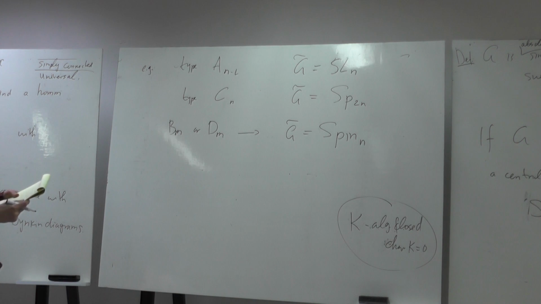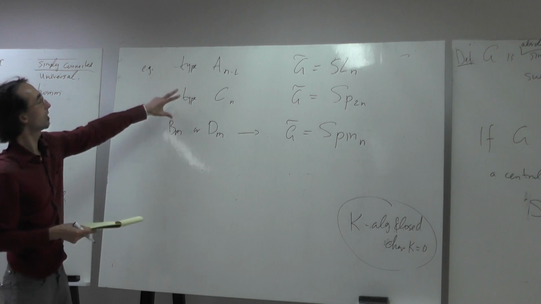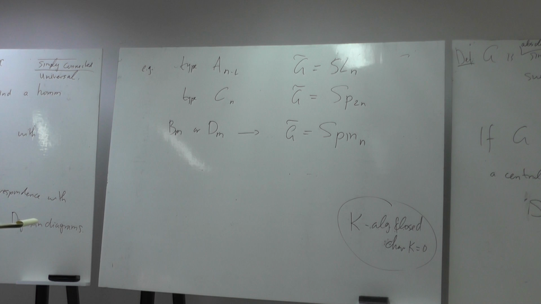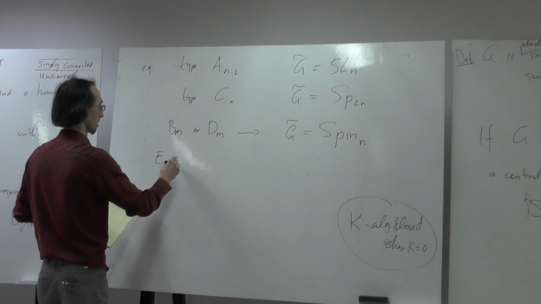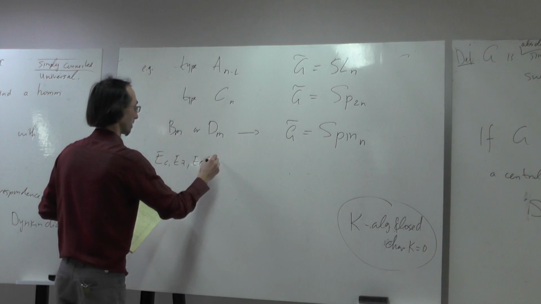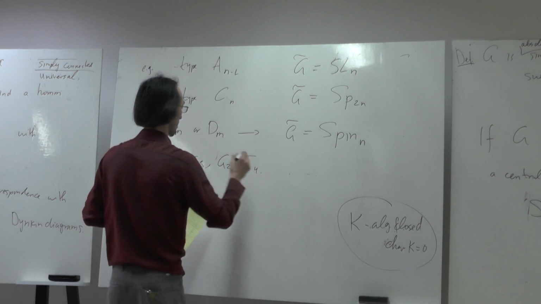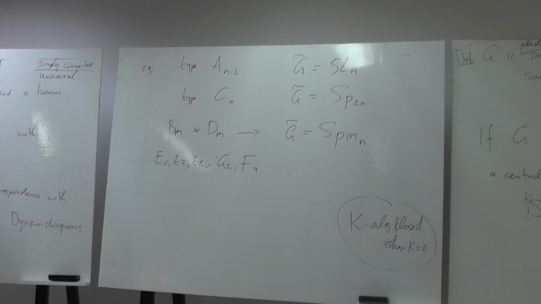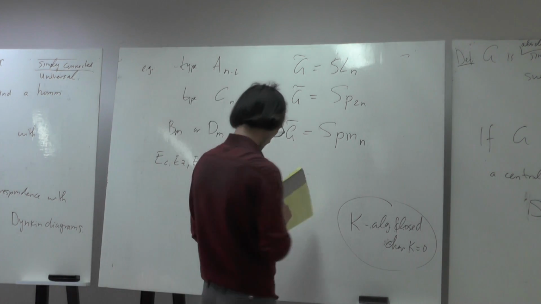You never know. So these are the classical simple algebraic groups, and also there are the exceptional ones, the E's, E6, E7, E8, G2, F4.